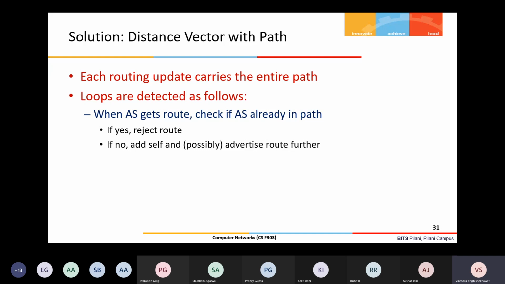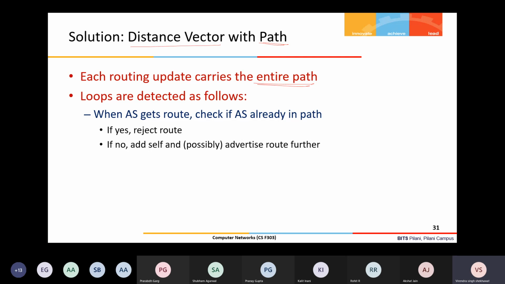That's why we need a different algorithm. That different algorithm is basically distance vector with path, because the looping problem needs to be avoided completely in the algorithm itself. So each routing update carries the entire path also, which is not there in the distance vector.